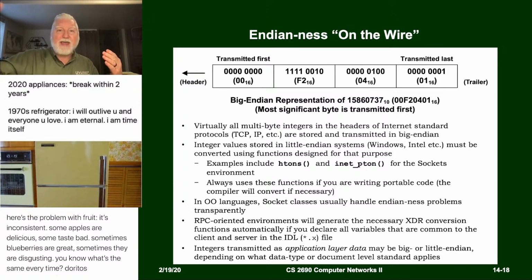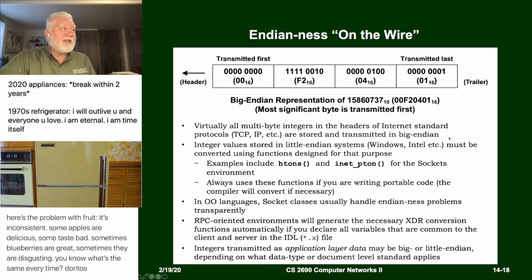Well, what's the format on that machine? And it turns out, on the second bullet, that integer values stored in little endian systems like Windows and Intel have to be converted to Big-Endian using functions designed to do that, okay?